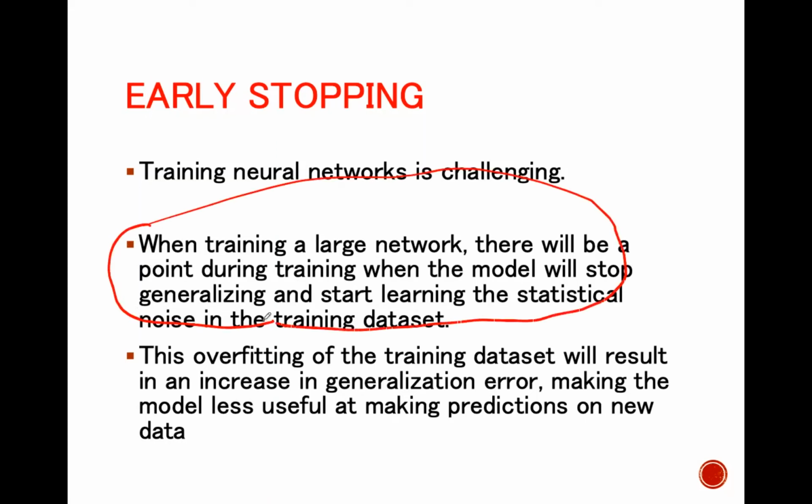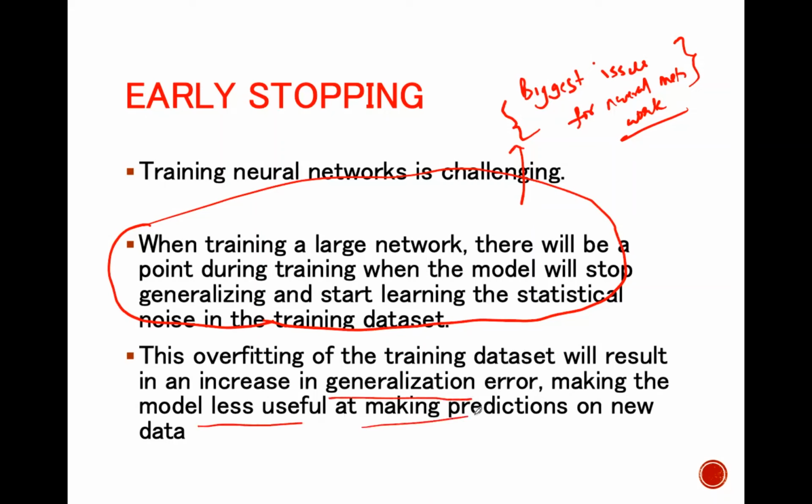This is the biggest issue for your neural network. This overfitting of the training data set will increase the generalization error, making the model less useful for making predictions on a new data set.